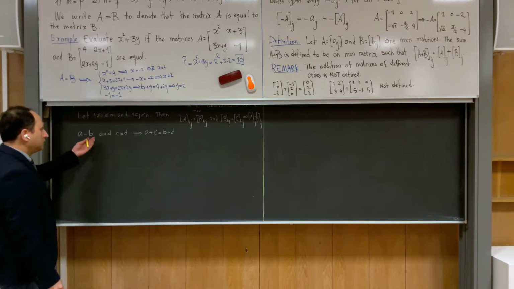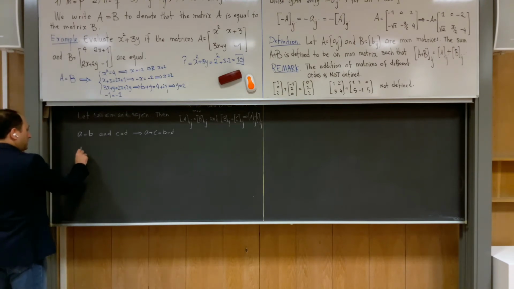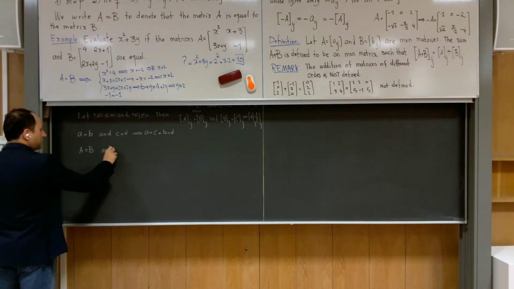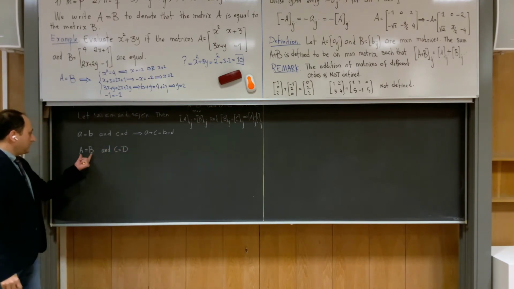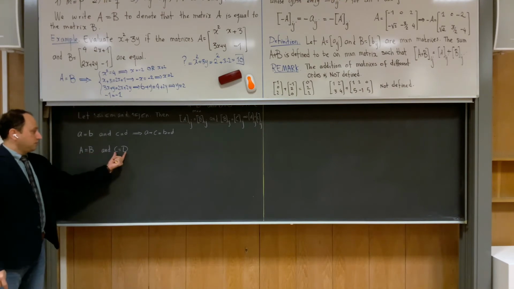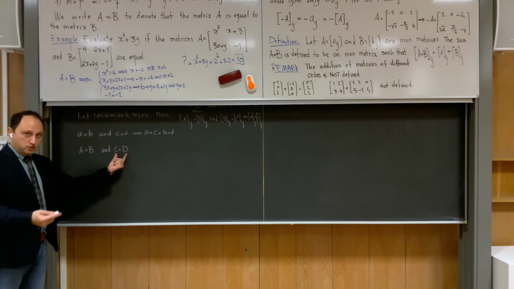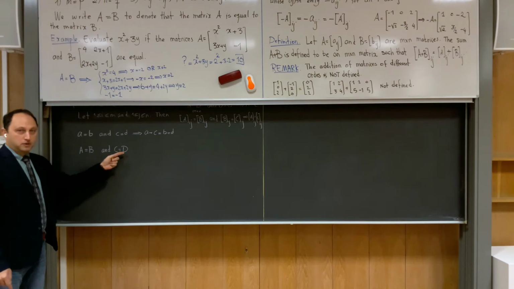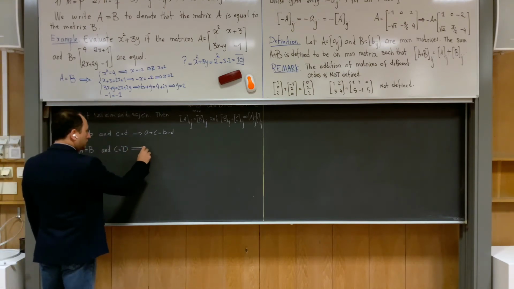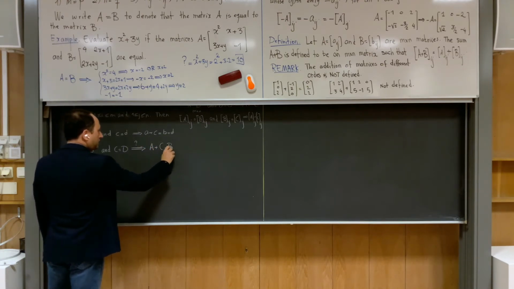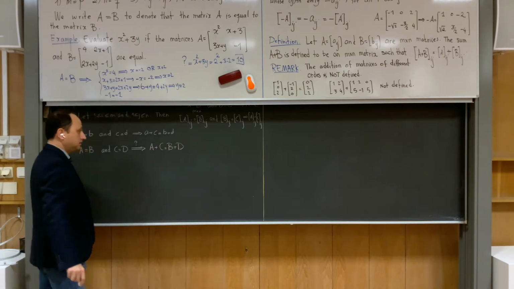But now, in the world of matrices, assume that matrix A is equal to matrix B, and assume that matrix C is equal to matrix D. Of course, they have to be of the same order. Let us assume that all of them are of the same order. Can I still conclude that A plus C is equal to B plus D?